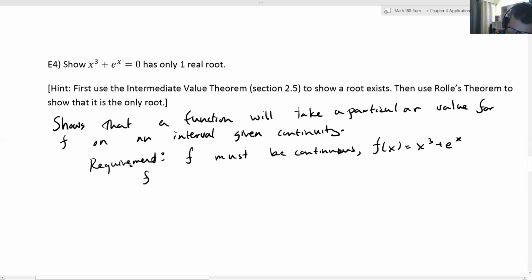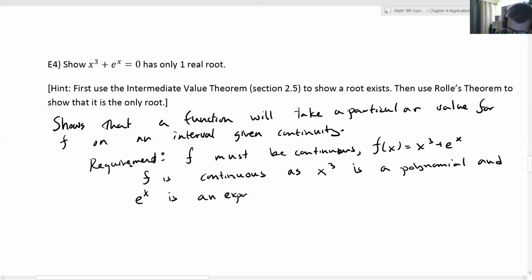So f is continuous, as x cubed is a polynomial, and e to the x is an exponential, and both are continuous everywhere.